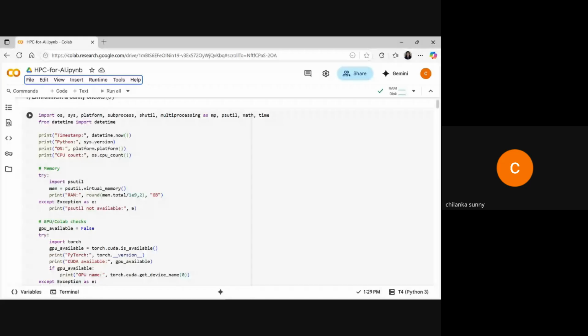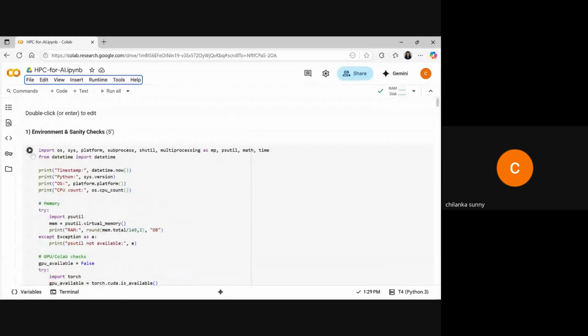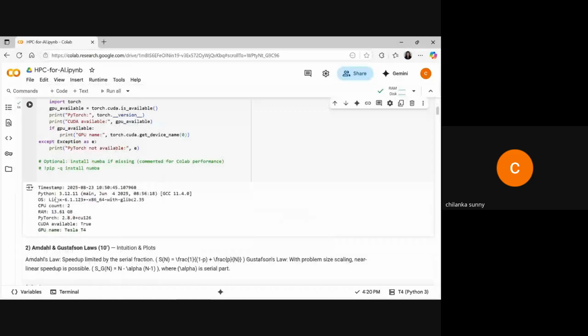Okay, so now let's do a sanity check. Here it shows that CUDA is available and the GPU name is Tesla T4, which means the connection is perfect, and we have a dual core CPU.